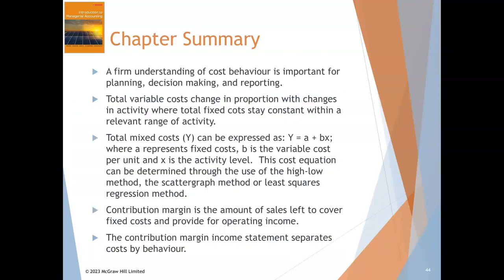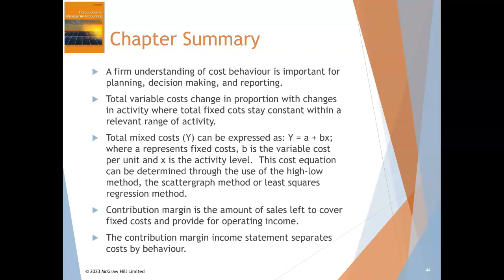Chapter summary. A firm understanding of cost behavior is important for planning, decision-making, and reporting. Total variable costs change in proportion with changes in activity, where total fixed costs stay constant within a relevant range of activity. Total mixed costs, Y, can be expressed as Y equals A plus BX, where A represents fixed costs, B is the variable cost per unit, and X is the activity level.